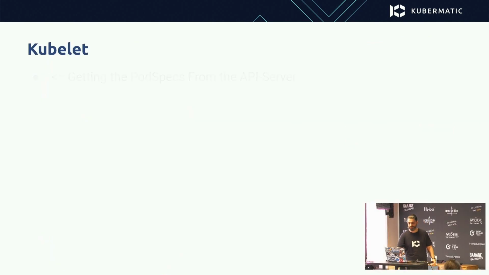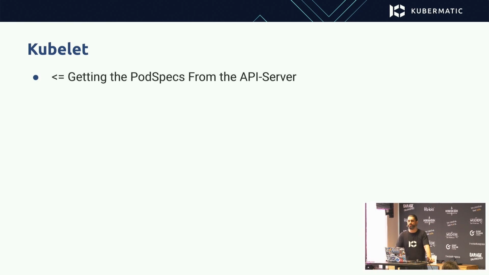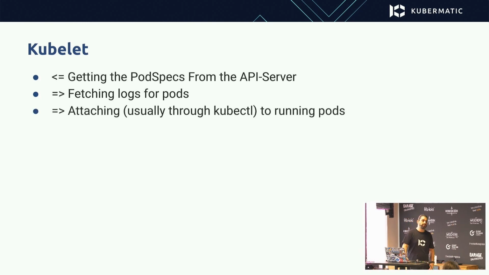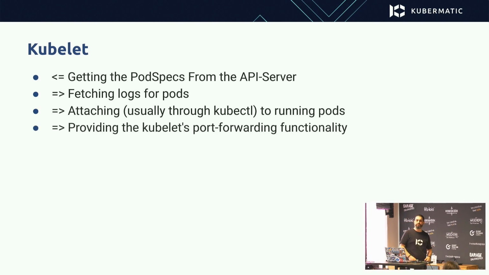Kubelet is responsible for getting the pod specs from API server, from etcd through API server. It fetches the logs for pods and sends them to API server when you run the kubectl logs command, for example. When you do kubectl exec, it goes through kubelet as well. And when you do kubectl port-forward, again, kubelet is used.